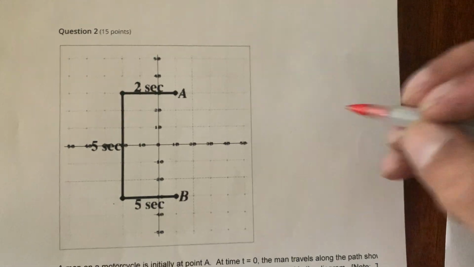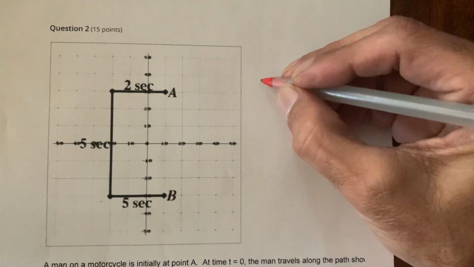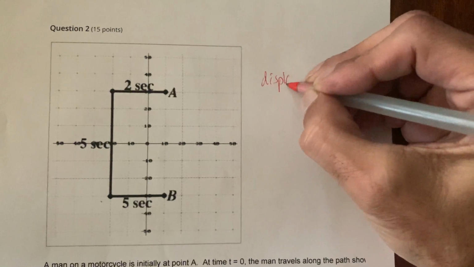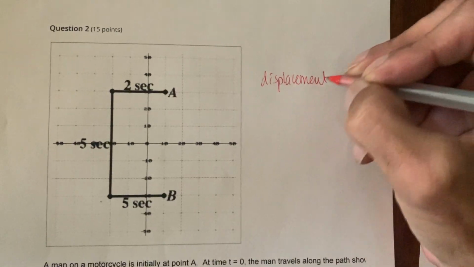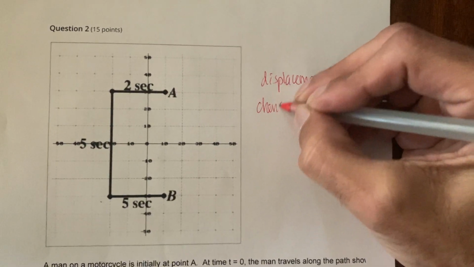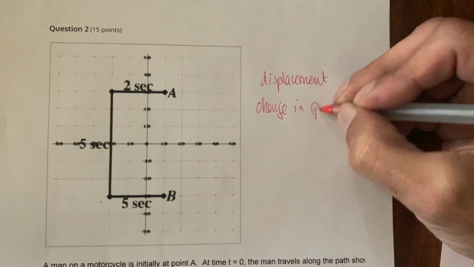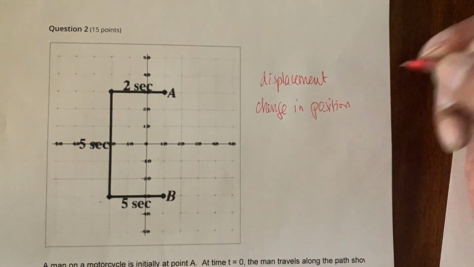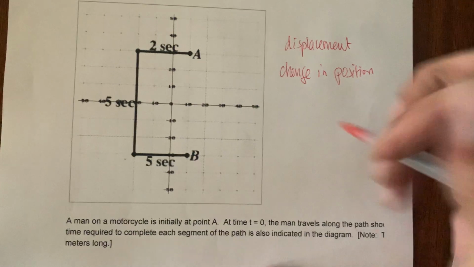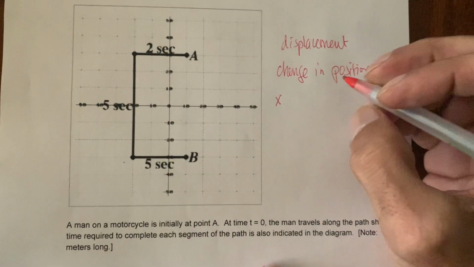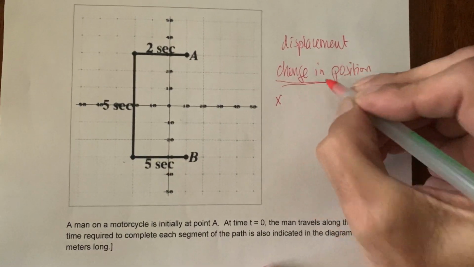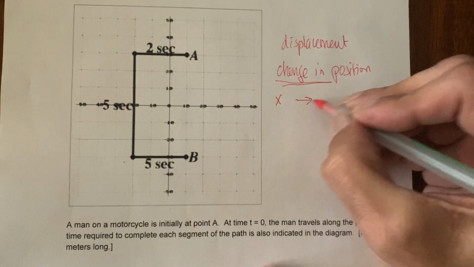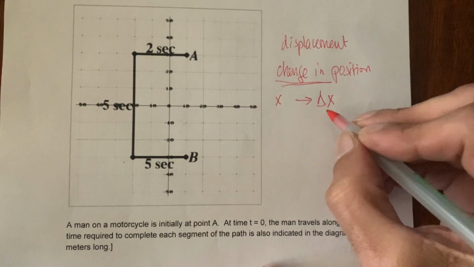Now, keep in mind, displacement means change in position. We use x for position, so change in position is written as delta x.